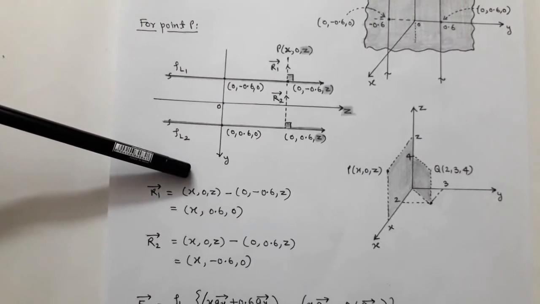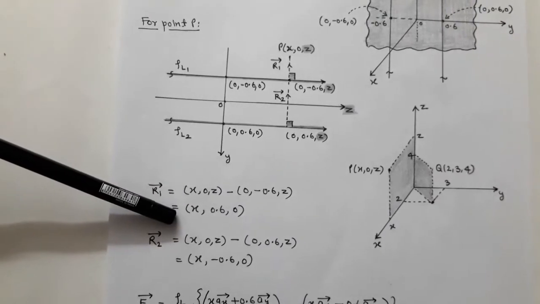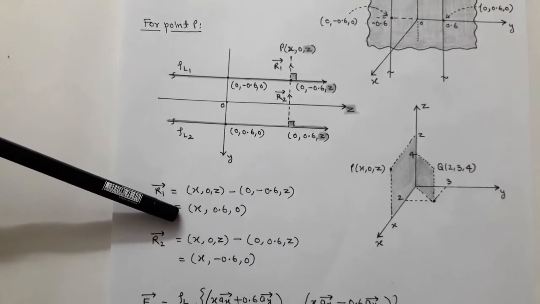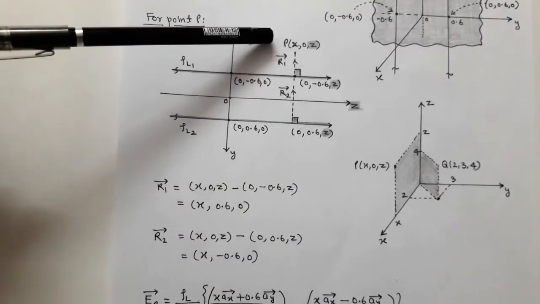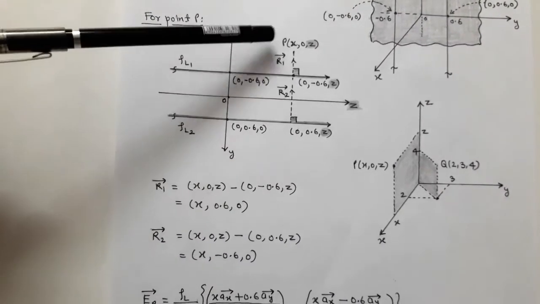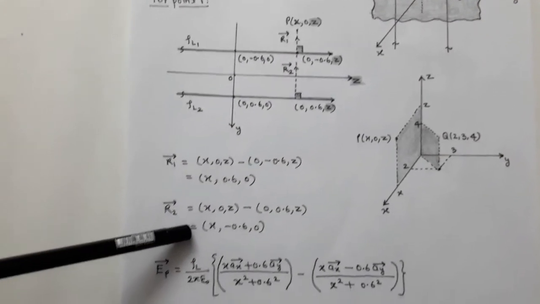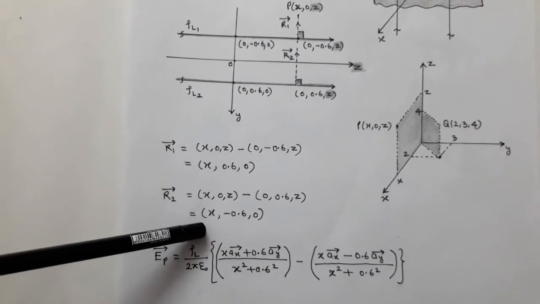So the coordinates become x, 0.6, 0. Similarly, the R2 vector is final point minus initial point, that is x, 0, z minus 0, 0.6, z. So it becomes x, minus 0.6, 0.